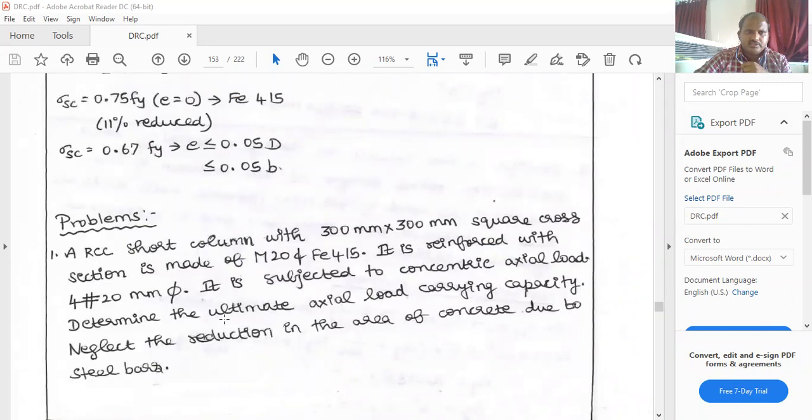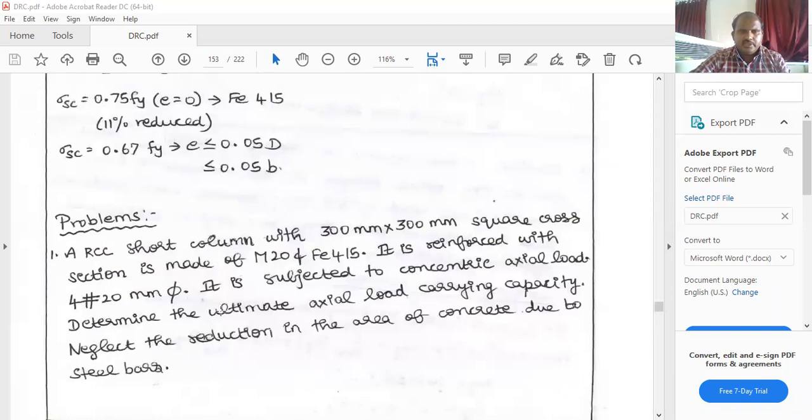An RCC short column with 300 by 300 mm square cross-sectional area is made of M20 and Fe 415 steel. It is reinforced with 4 numbers of bars of 20 mm dia. It is subjected to concentrated axial load.